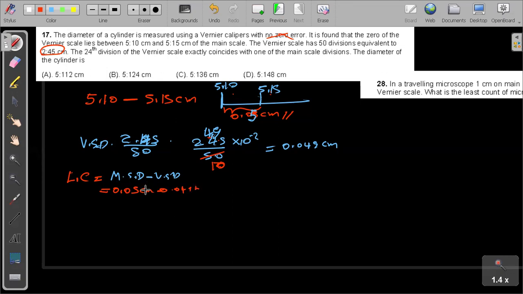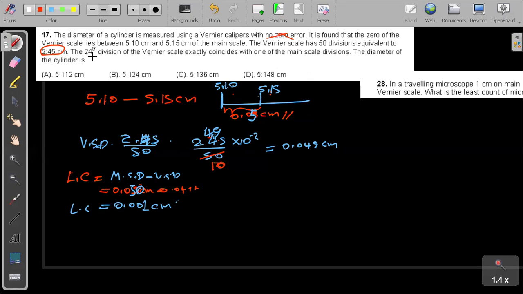You can write it as 50 minus 49. That is 0.001 centimeter, which is the least count of the instrument. Now it is going to be very easy after this.